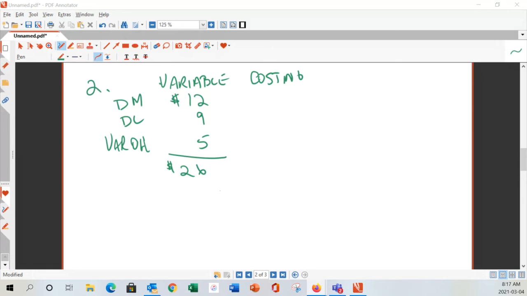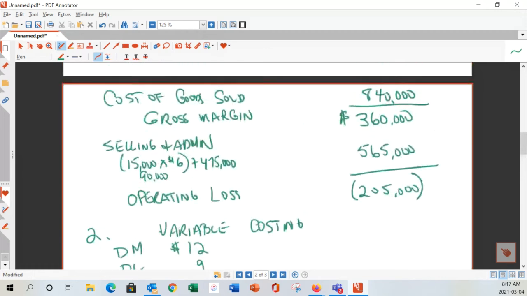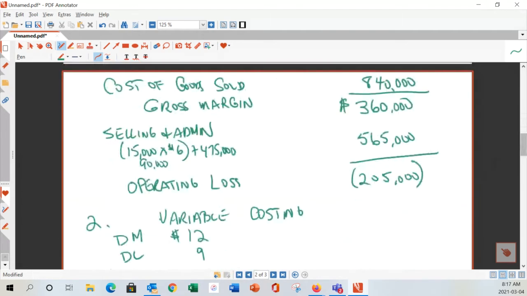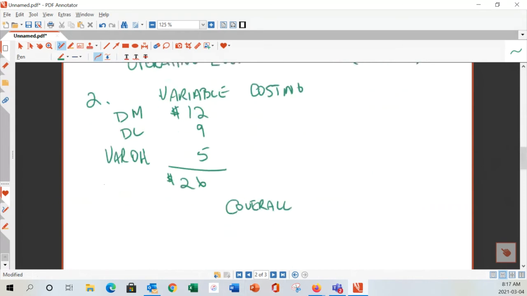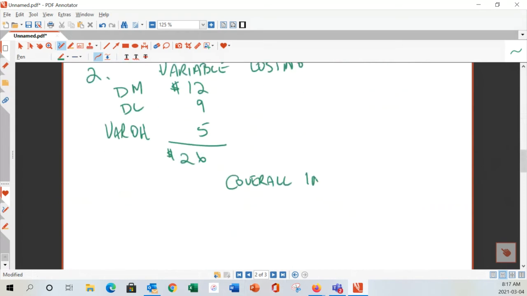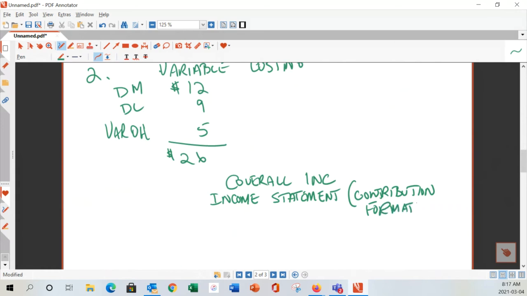All right, now we're ready to do our income statement. Coverall Inc. And we have an income statement, contribution format, also known as the variable costing format.